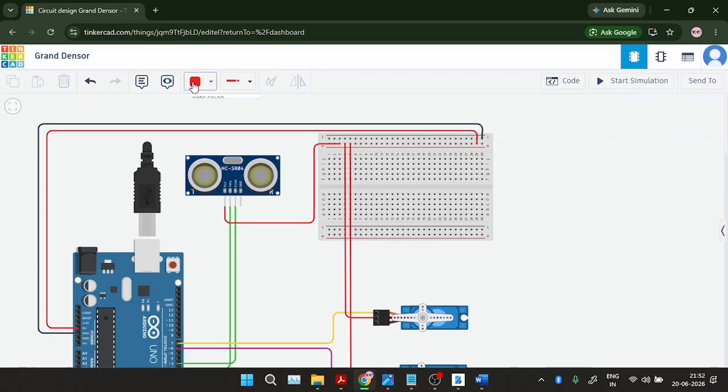Now I need three ground wires. So one ground wire will just go from here to there. That's one ground pin. Let me connect it straight there. Okay, and another ground pin will go there.